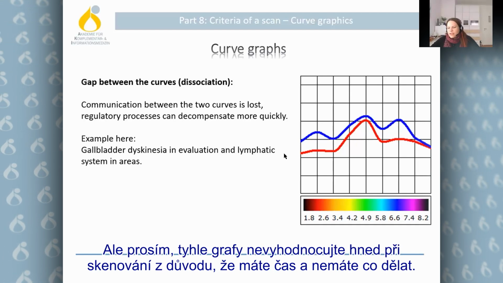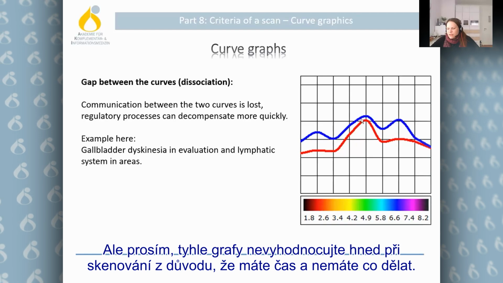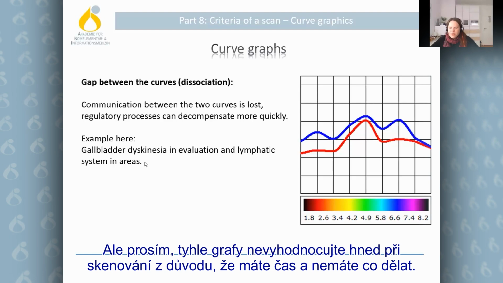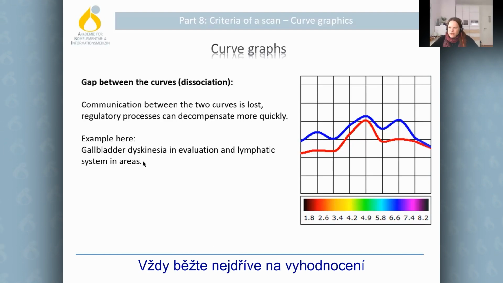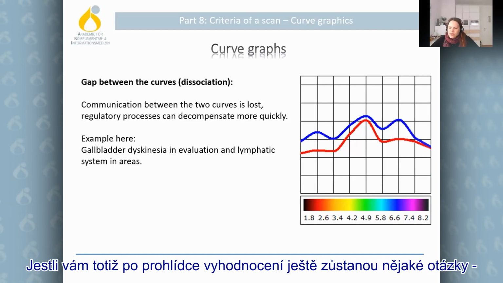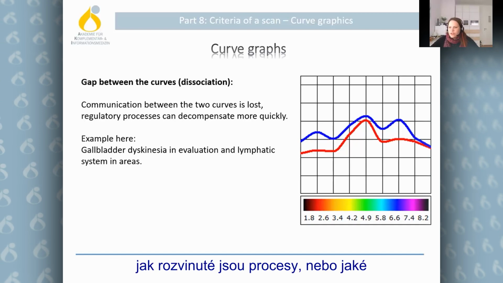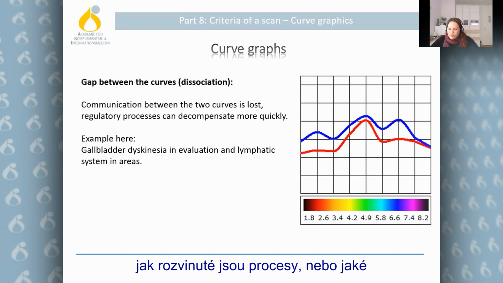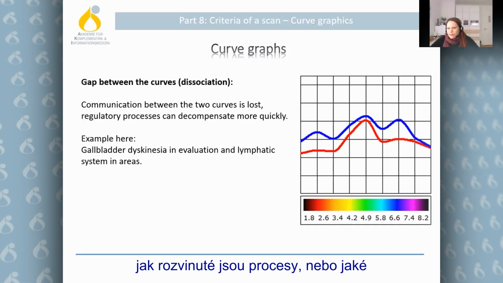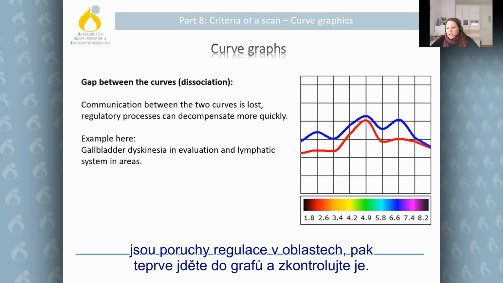But please, you don't interpret these graphs just because you have time and nothing to do. You always first go to the evaluation, and then you check the graphs after it. Because when you still have questions left in the evaluation, how far the process is done, or how dysregulated the area is, then you can go to the graphs and check it, not before.